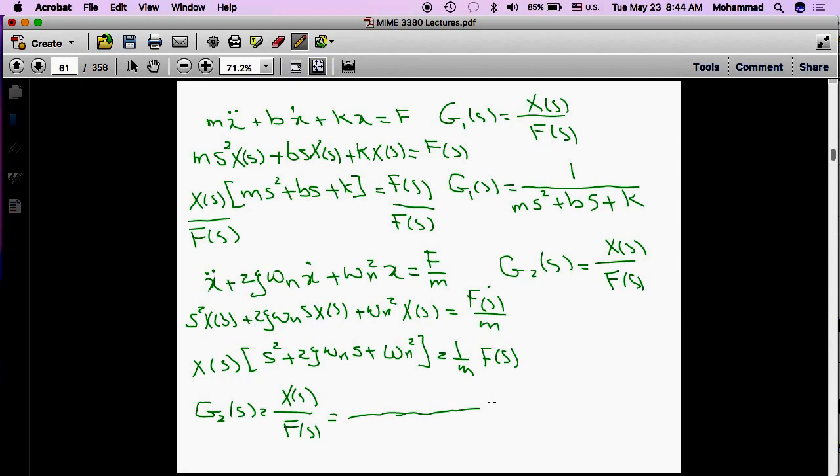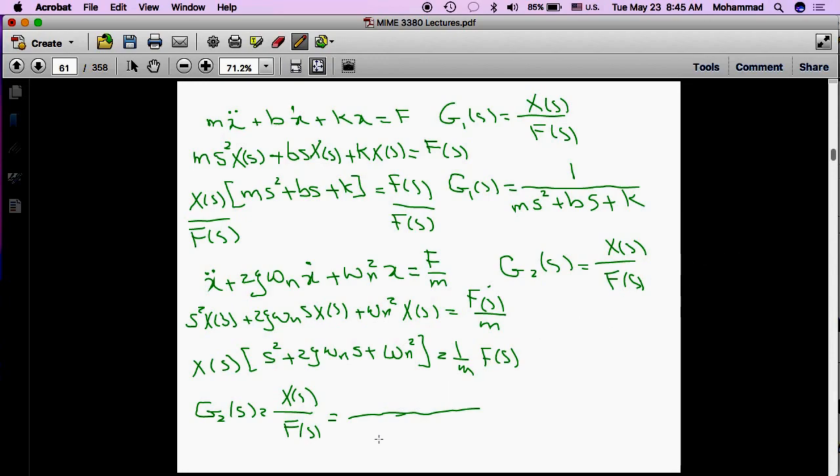Okay, so what should go in the numerator and what in the denominator? You can have 1, and then what will you do with your m?